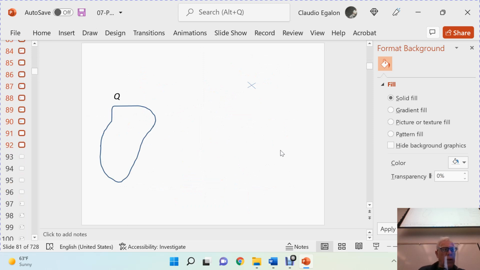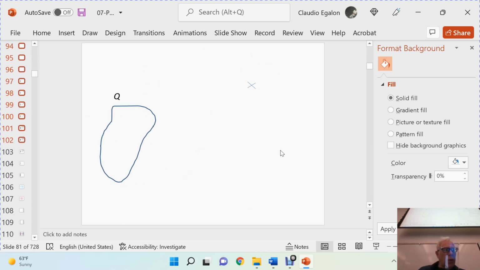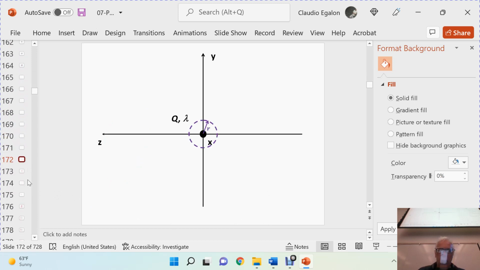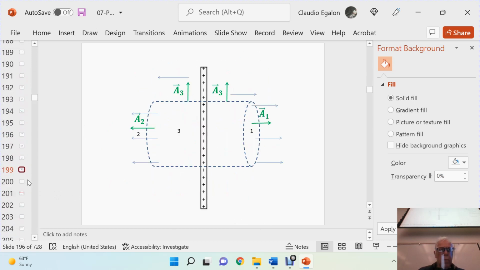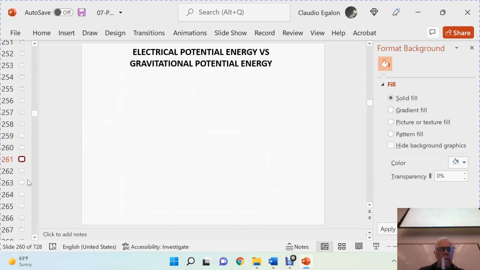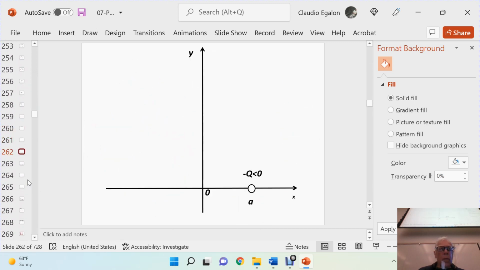I'm going to copy all the stuff because it all applies to the electric potential as well, right? So here we go. Okay, I'll paste it right in here.